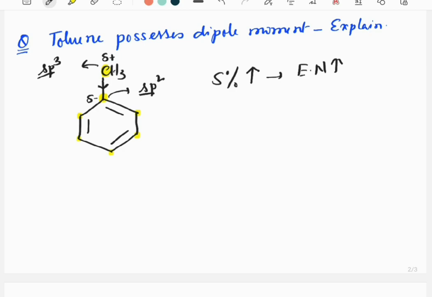Now if there is polarity, there has to be a dipole moment. The bond moment will be acting downward from the positive pole to the negative pole. Because of this, it will have an appreciable dipole moment, so mu will be non-zero and the compound will have some dipole moment.